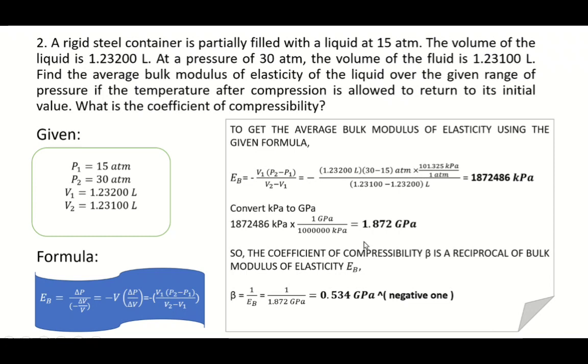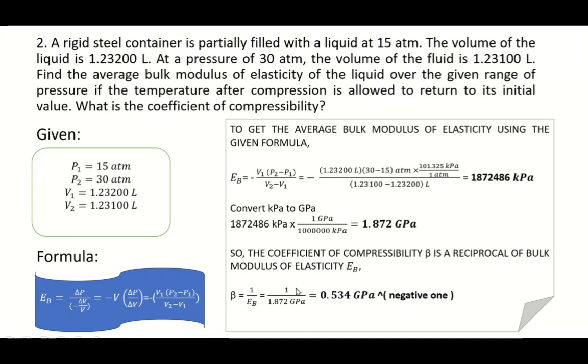So the coefficient of compressibility is the reciprocal of the bulk modulus of elasticity. Just like what I said a while ago, in getting the compressibility we reciprocate the value of the bulk modulus of elasticity. So 1 over our bulk modulus of elasticity, which is 1.872 gigapascal.